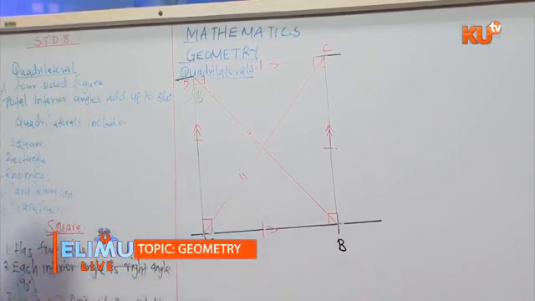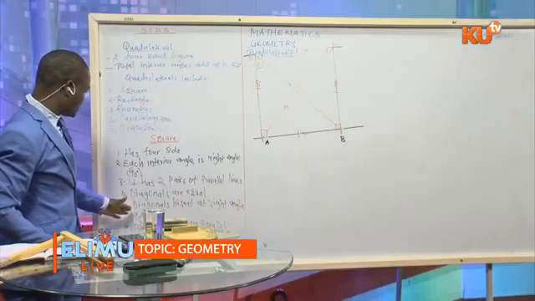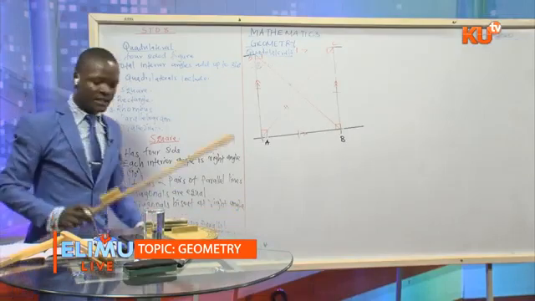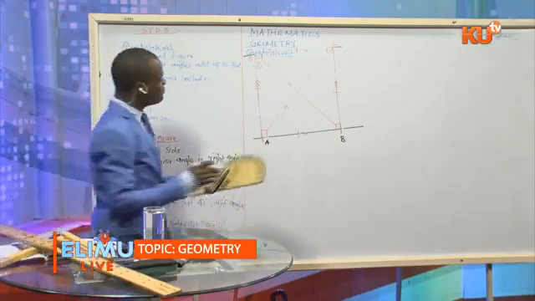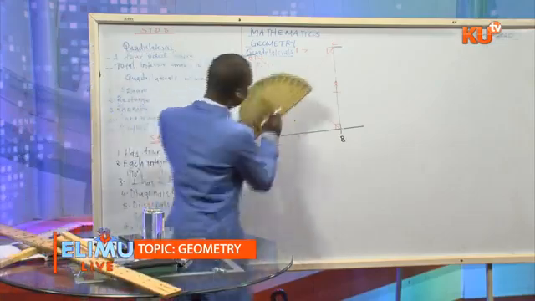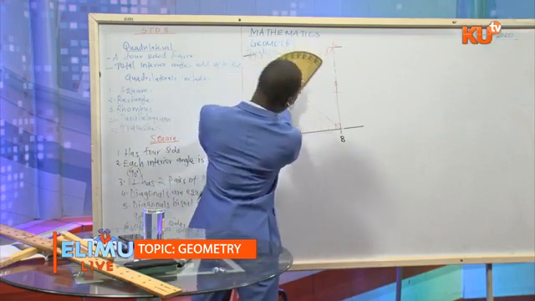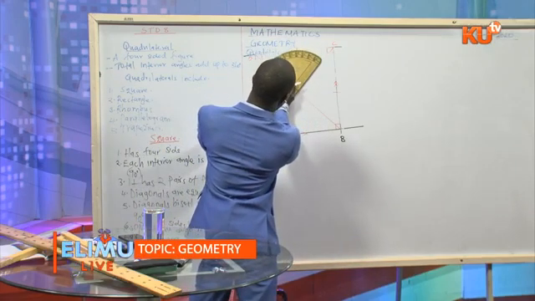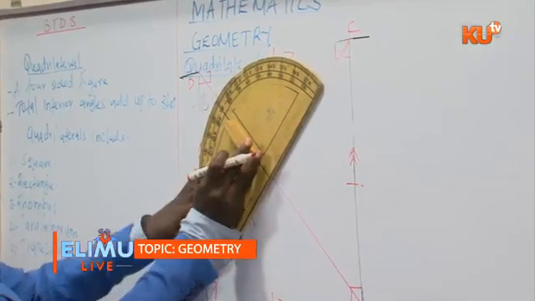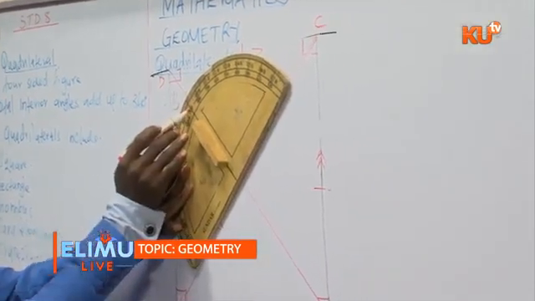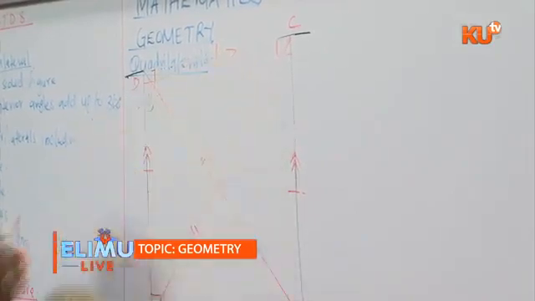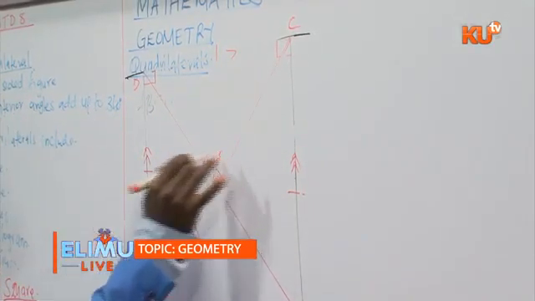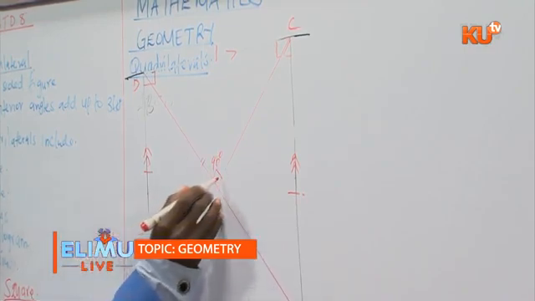Now the other thing we have said about square is that the diagonals bisect at 90 degrees. So if we measure this angle here, as you can see, you will see that it is 90 degrees. So that is why it is true to say that the diagonals bisect each other at 90 degrees.